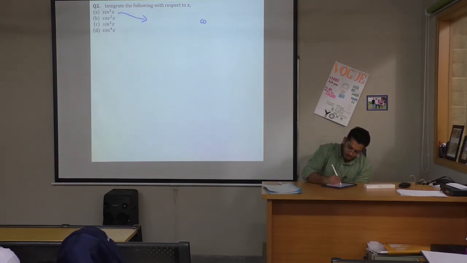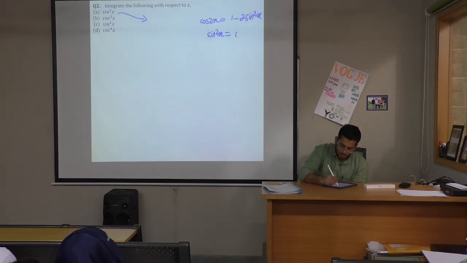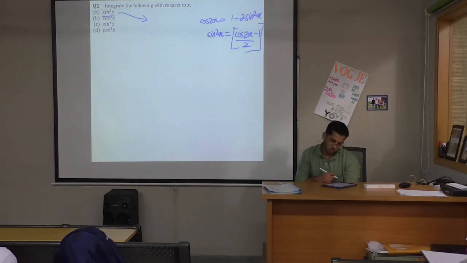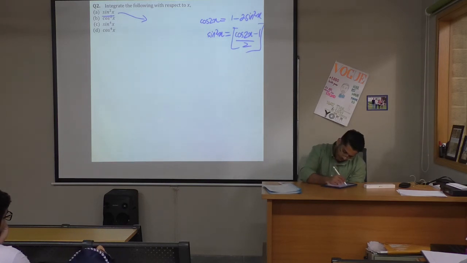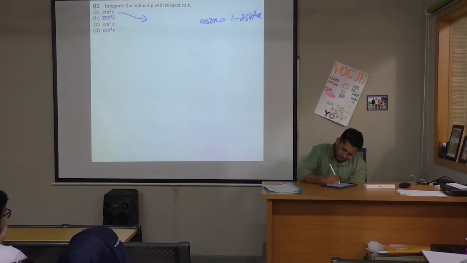I know cos 2x is 1 minus 2 sine square x. So sine square x, if I make that the subject, is 1 minus cos 2x upon 2.